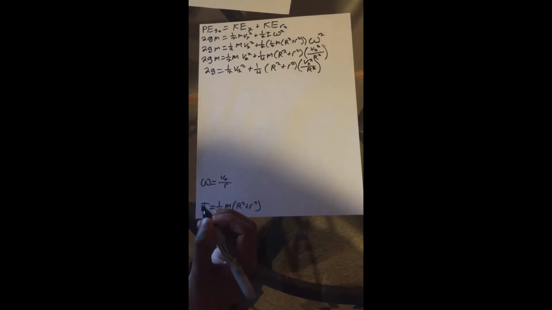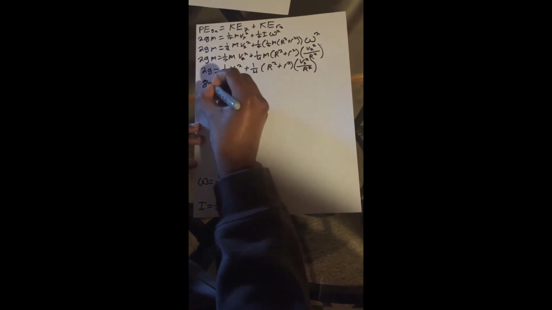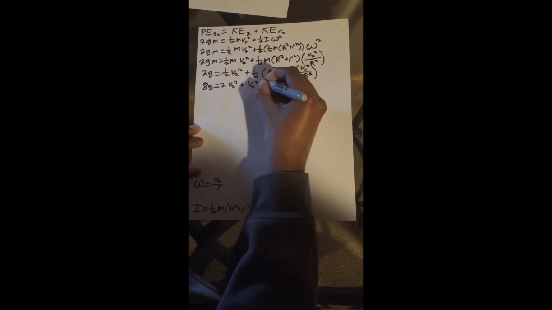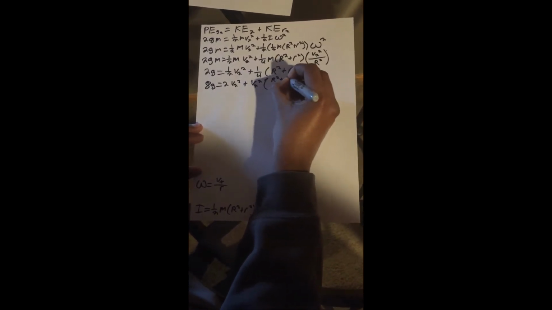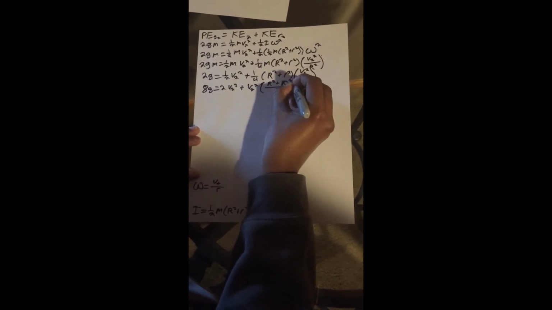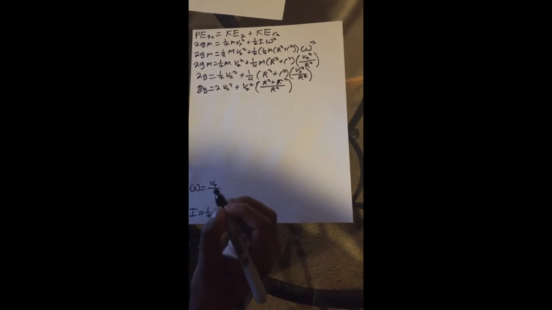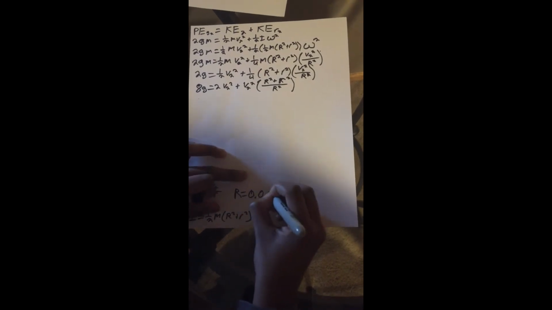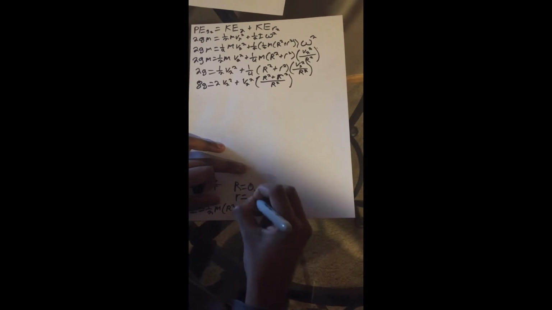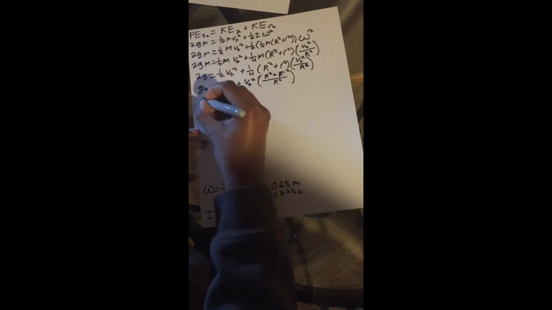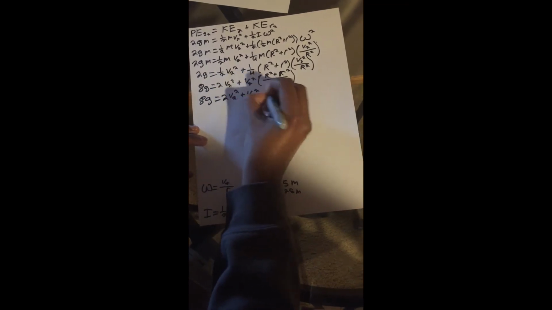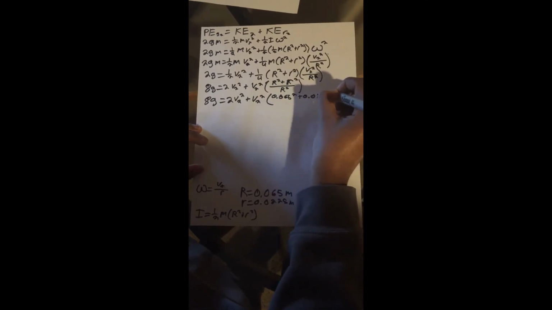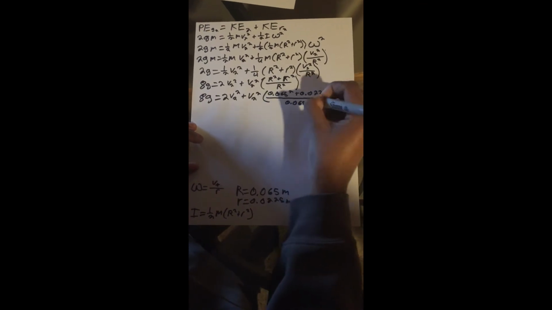We can further simplify this a bit, because 8g equals 2 v2 squared plus v2 squared times (R squared plus r squared) over capital R squared. Since we know capital R, the outer radius, is equal to 0.065 meters, and little r, the inner radius, is equal to 0.0225 meters, we can plug that in to get 8g equals 2 v2 squared plus v2 squared times (0.065 squared plus 0.0225 squared) over 0.065 squared.